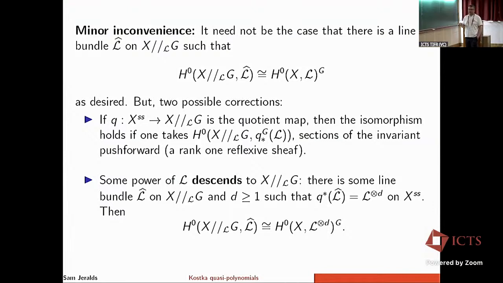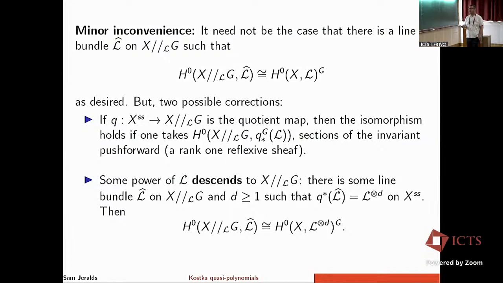If you really want there to be a line bundle downstairs, then you don't get to pick L, but some power of L. So we say that some power of L descends. So there is a line bundle downstairs and a positive integer D, such that if I pull back the line bundle downstairs, I get the Dth tensor power of L upstairs on the semi-stable locus.